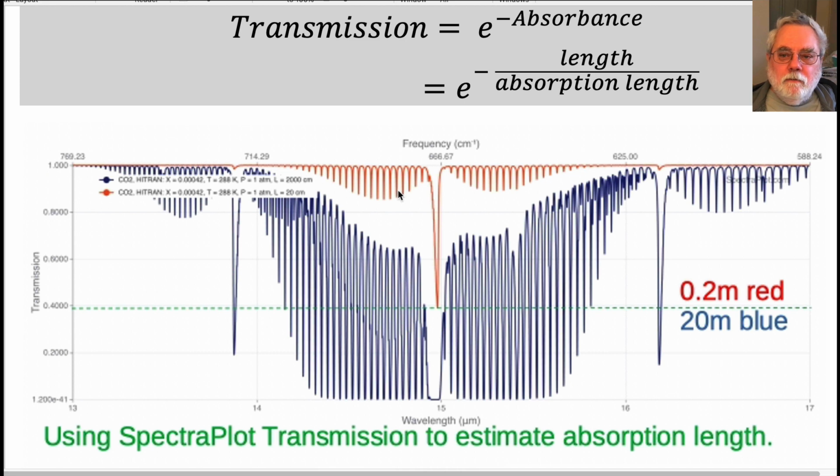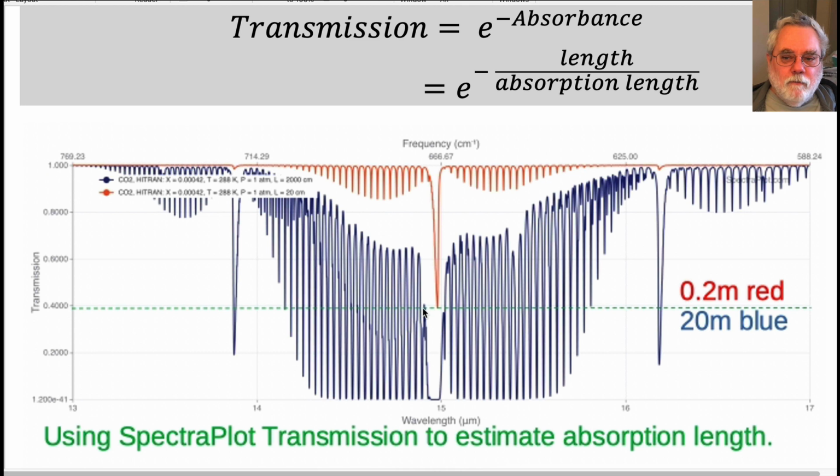When transmission for the red curve dips below 37%, the green dashed line, the absorption length for those wavelengths is less than 0.2 meters. So we see that the peak wavelength has absorption length of 0.2 meters, which agrees with our earlier calculation. Success!